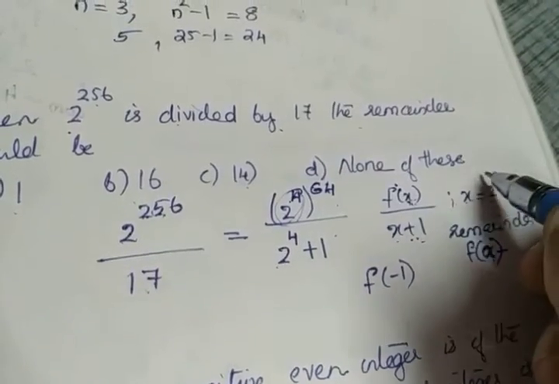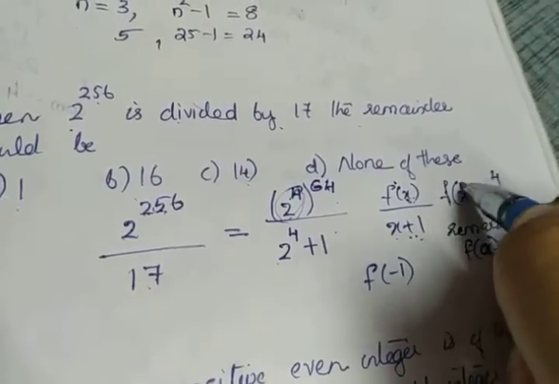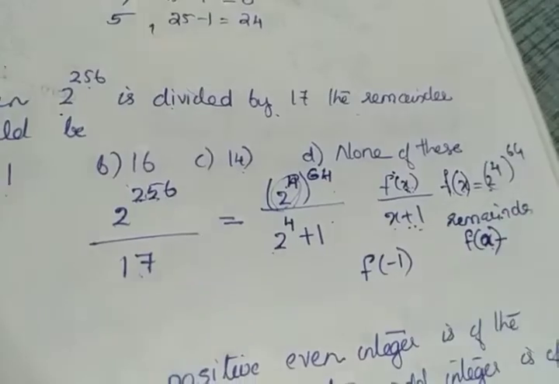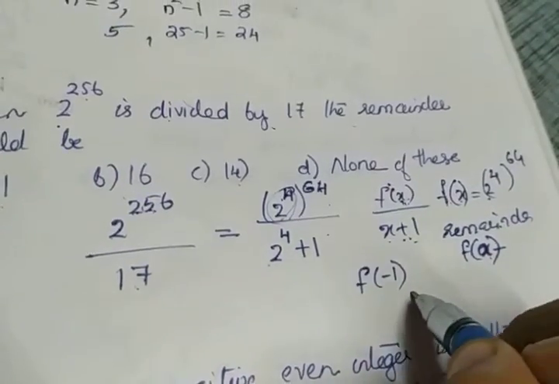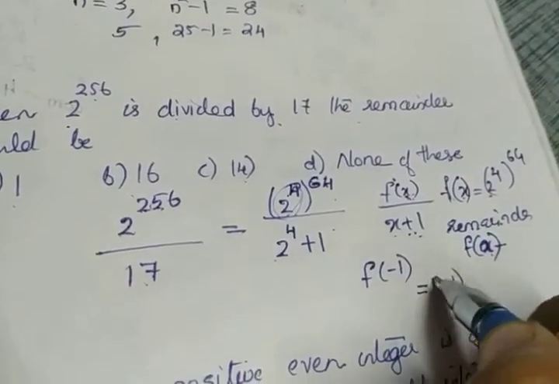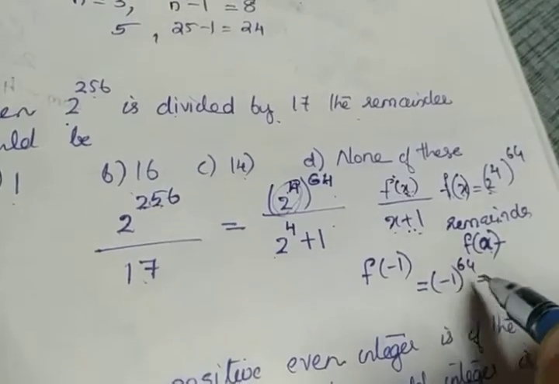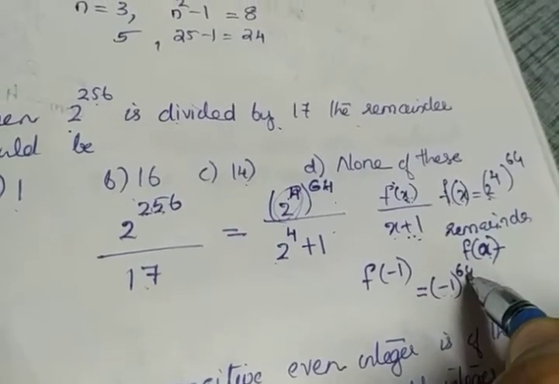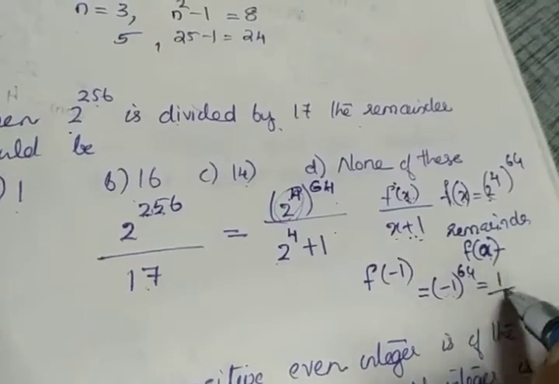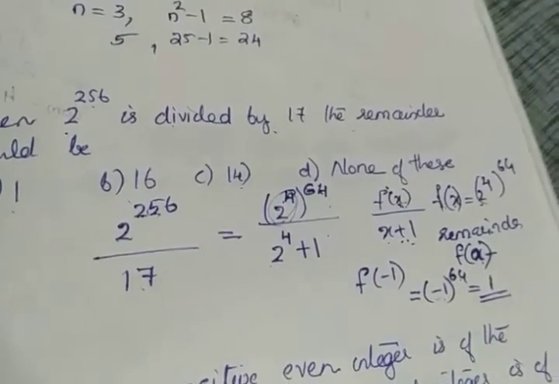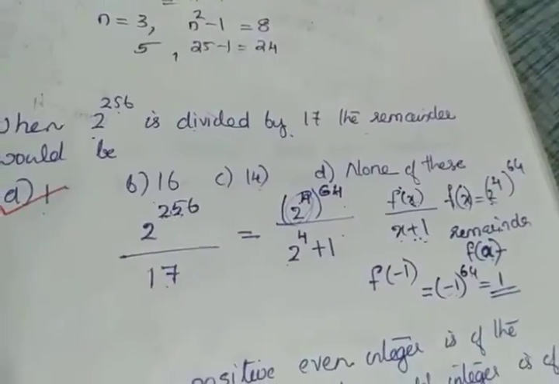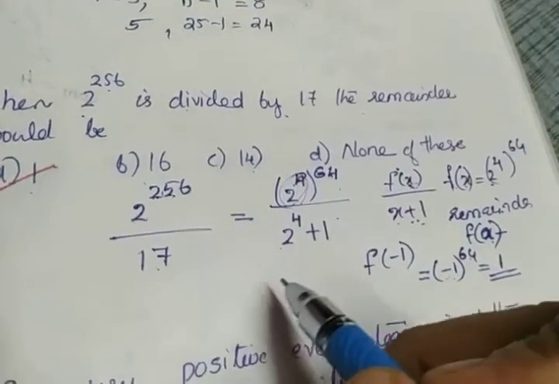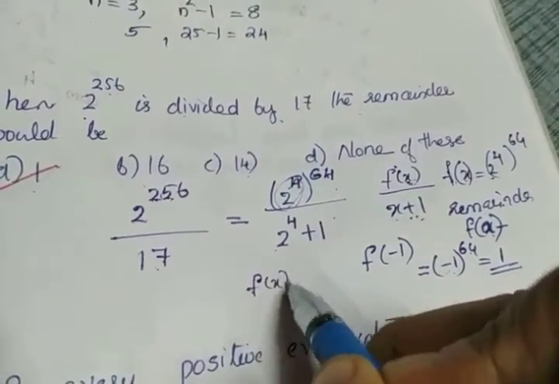So f of x will be 2 raised to 4, the whole raised to 64. So f of minus 1 will be minus 1 the whole raised to 64. Since it is negative 1 raised to an even number, it will be the value 1. So which is the answer? Option A.